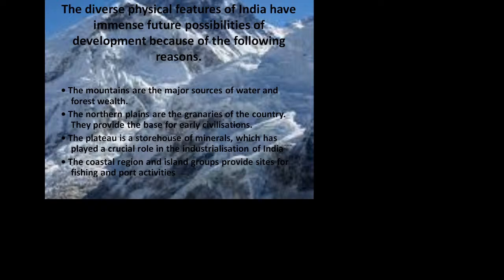The next word is island, a piece of land completely surrounded by water. My next word is lagoons. What is the meaning of this? A stretch of salt water separated from the sea by a low sandbank or coral reef.